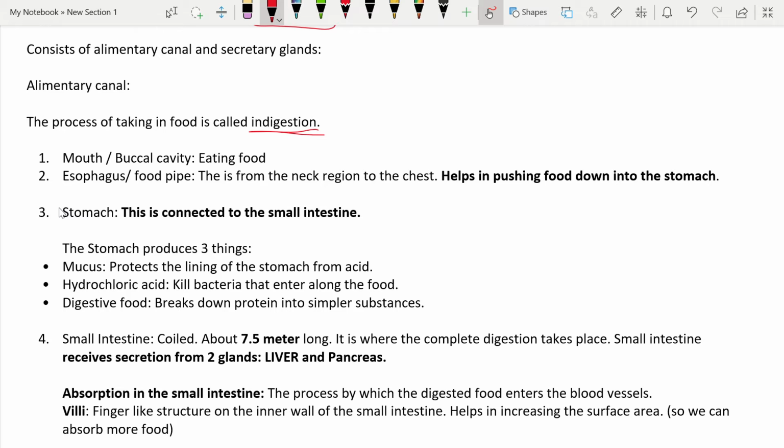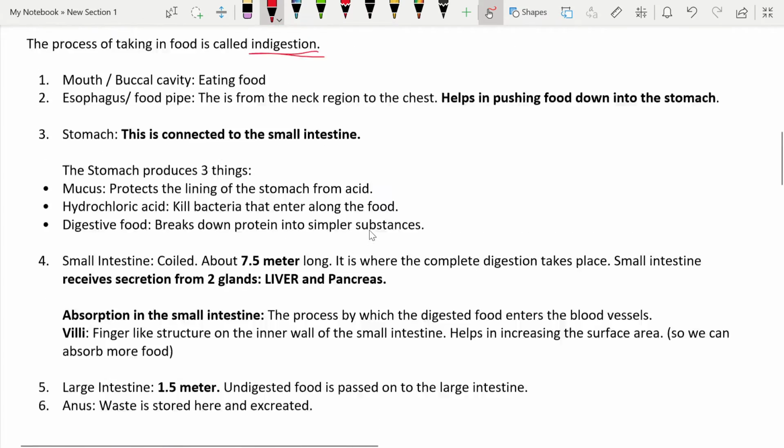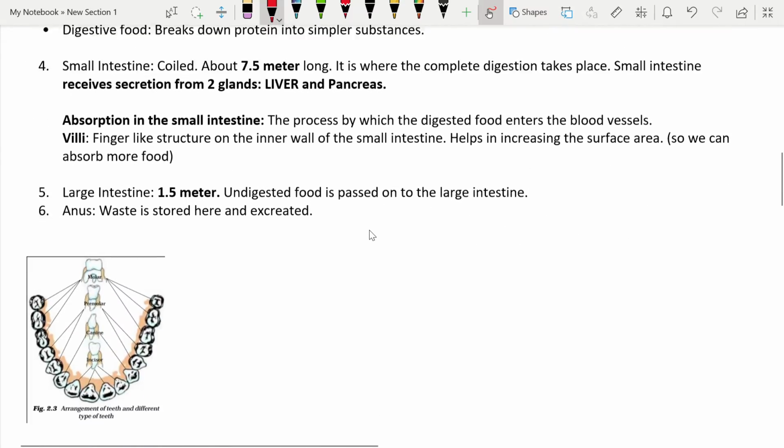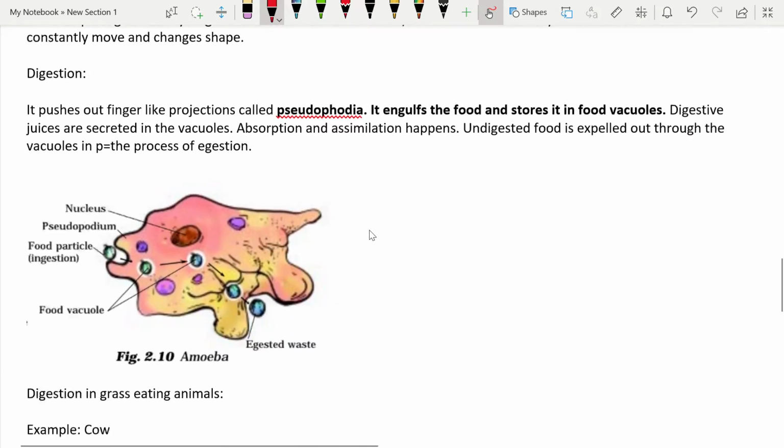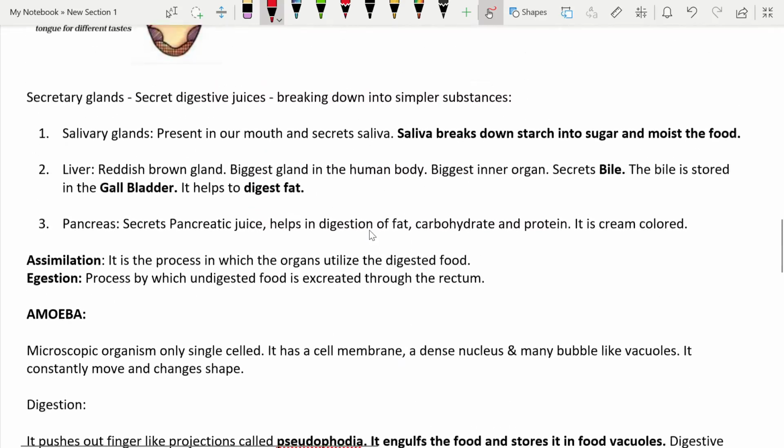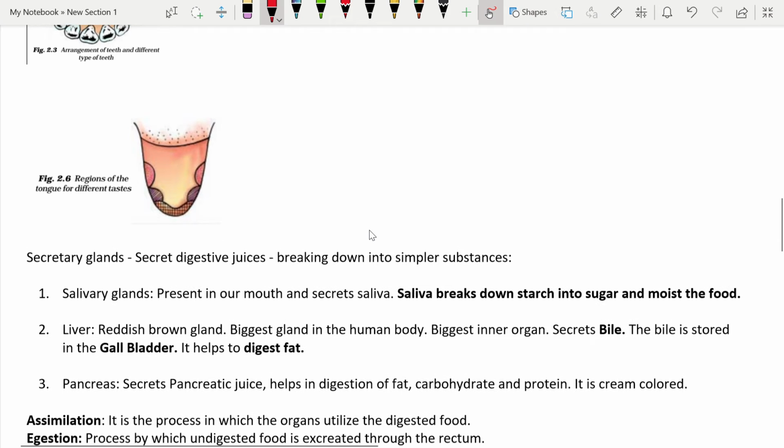The saliva gets mixed with the food. Just a second, I'll just go down to saliva. In the mouth or buccal cavity, you've got salivary glands.